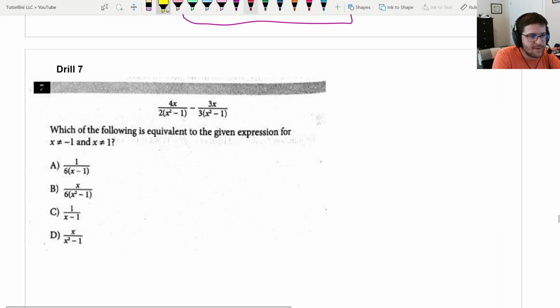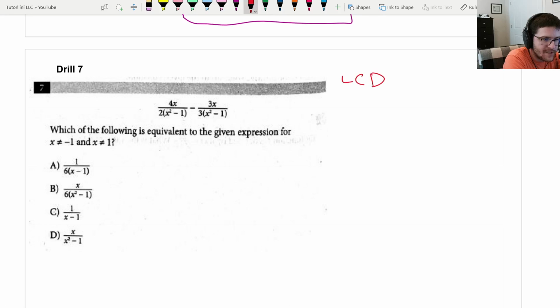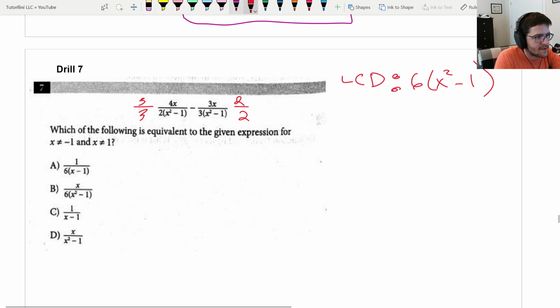So the LCD of 2 and 3 is 6. So the LCD is going to be 6 times x squared minus 1. So for the left one, we have to multiply the top and bottom by 3 to get 6. And the right one, we have to multiply the top and bottom by 2 to get 6.